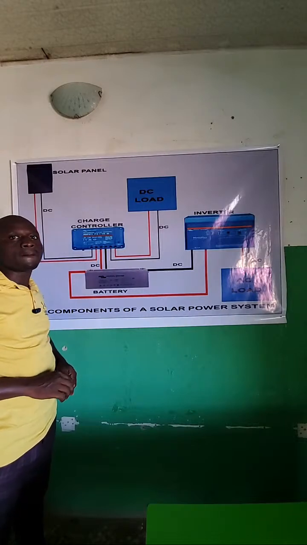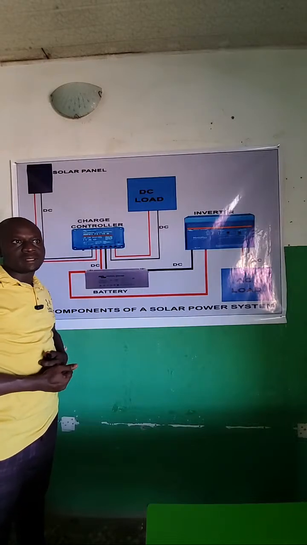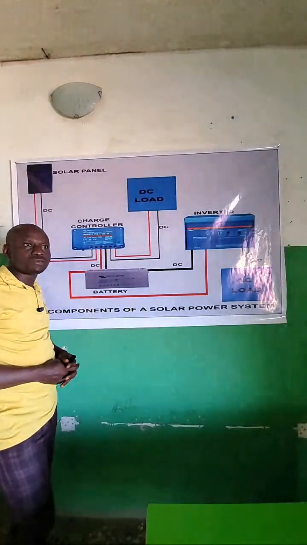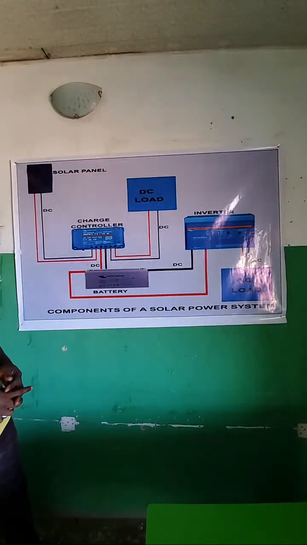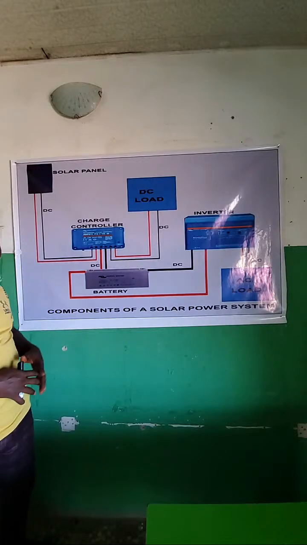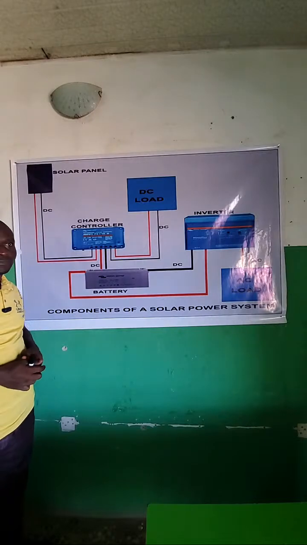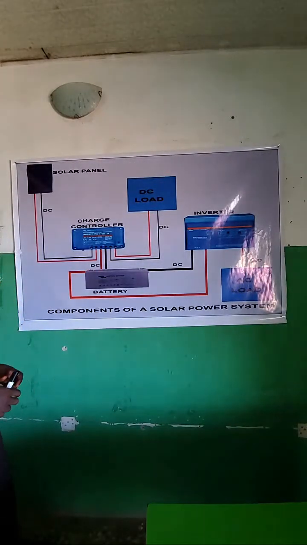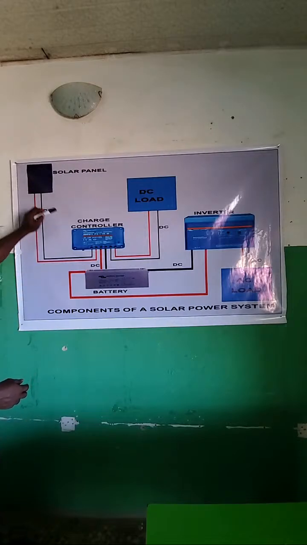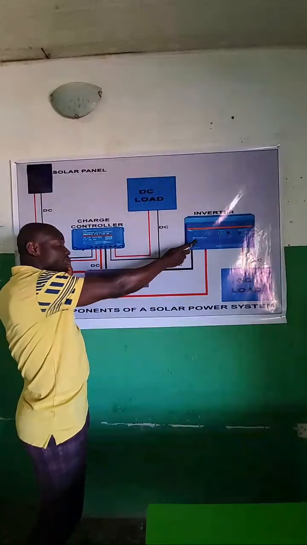This is for beginners and those who have little or no knowledge about how the solar power system is connected, the various components of a solar power system. Basically, a solar power system is made up of the solar panel, the charge controller, the battery bank, and the inverter.